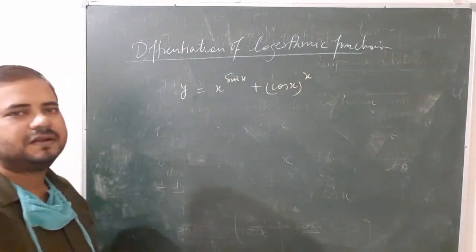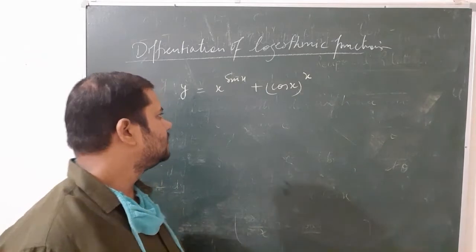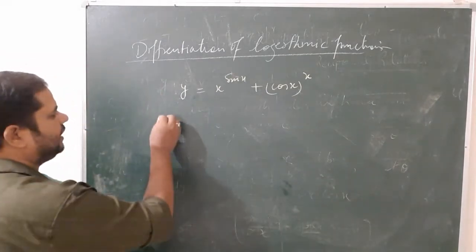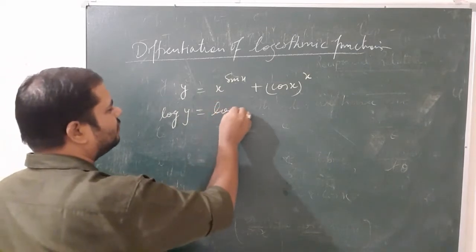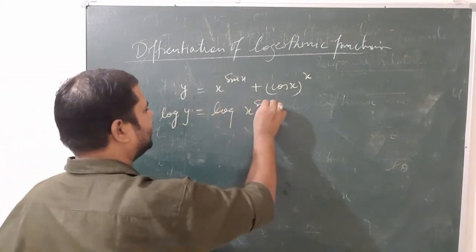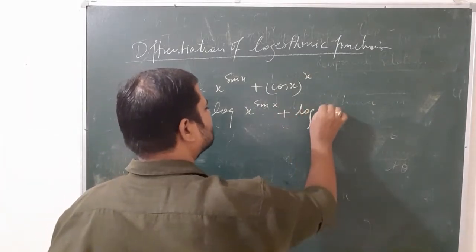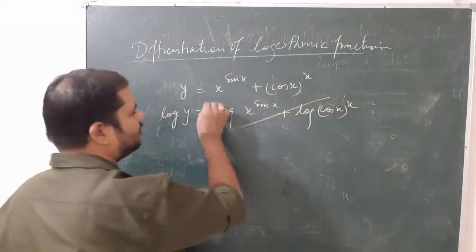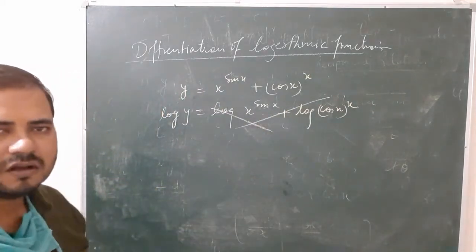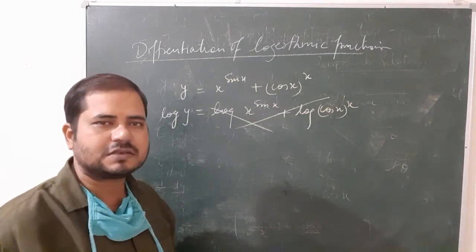This type of question is very important. Students make the mistake of writing log y equals log of x to the power sin x plus log of cos x to the power x. Okay, this is wrong. Understood why? Because log is not distributive over plus.